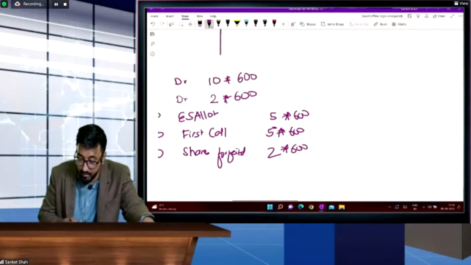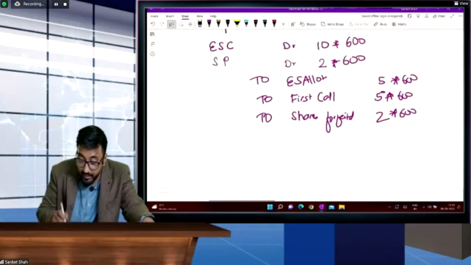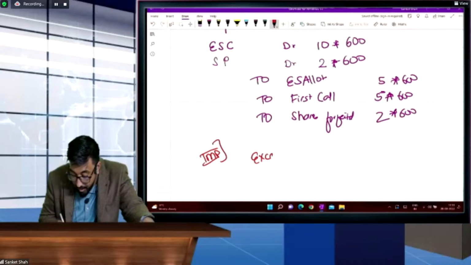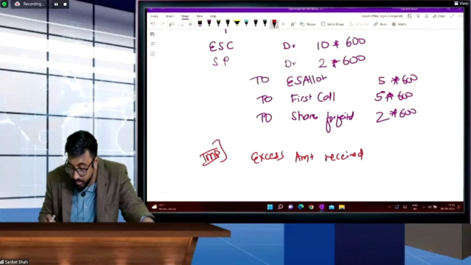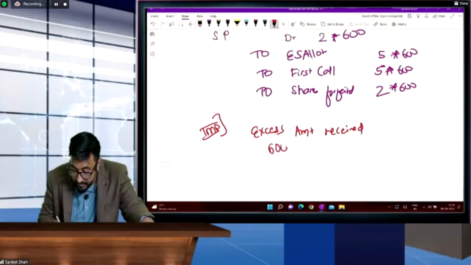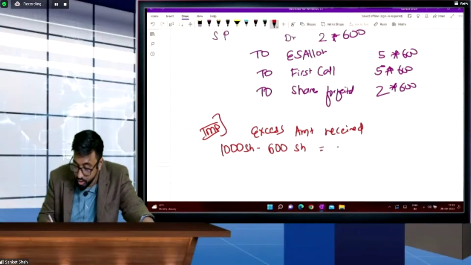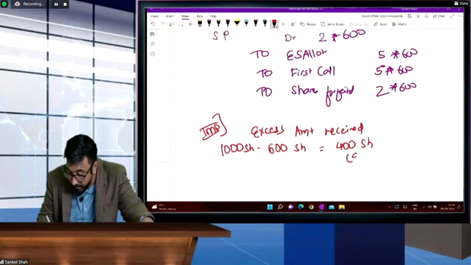But here there is one important calculation, IMP. Excess amount received. 600 shares. He applied for 1000 shares, but he was allotted 600 shares. So excess shares are 400.